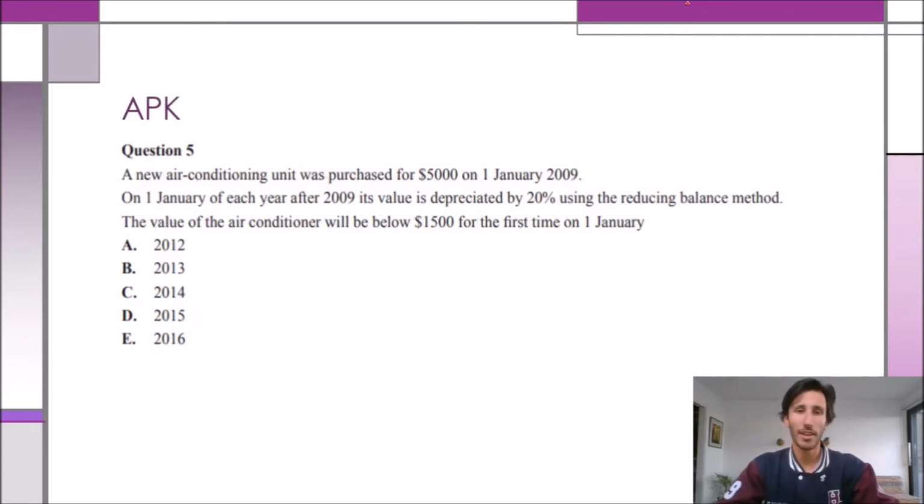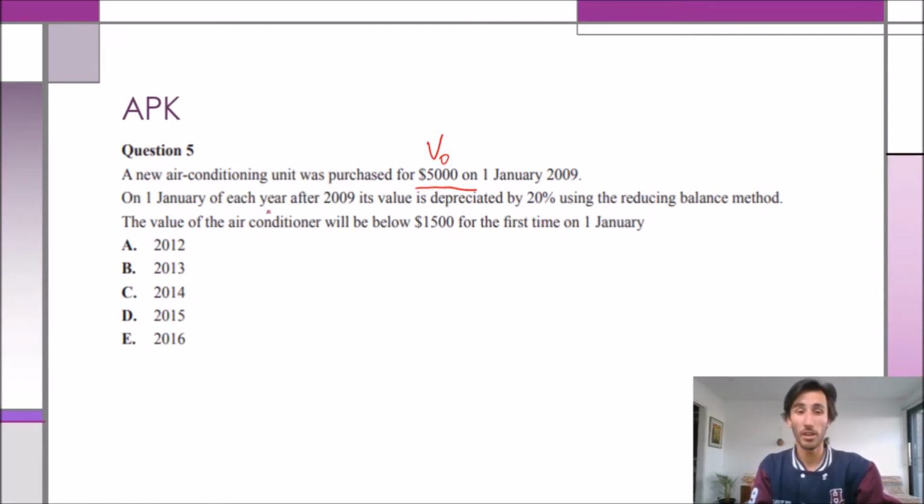All right, now into some maths. So this question is from the 2009 exam, which is the year that I finished school. I wasn't doing further maths at the time because I was in New South Wales. A new air conditioning unit was purchased for $5,000. So that's V0 on the 1st of January 2009.